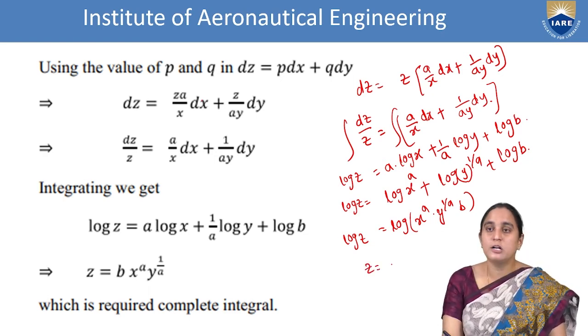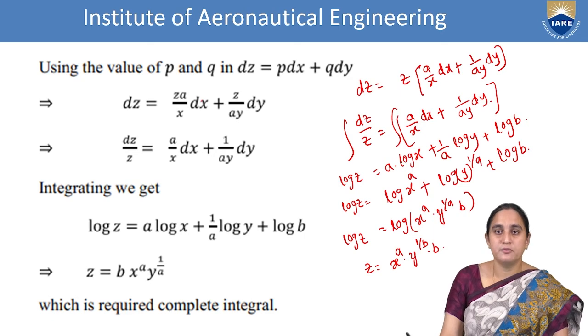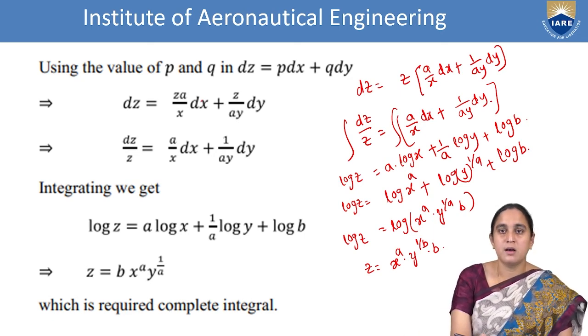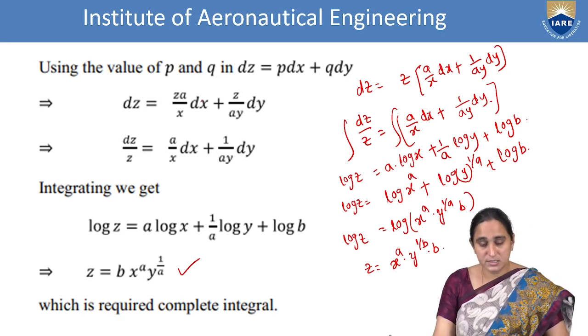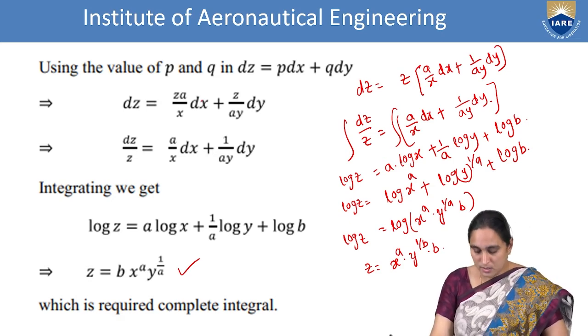From that, z is equal to x power a into y power 1 by a into b. Therefore, the complete integral or general solution for the second question is z is equal to b into x power a into y power 1 by a. That's the second question answer. Again, I'll go through the next question here. That is the third one.